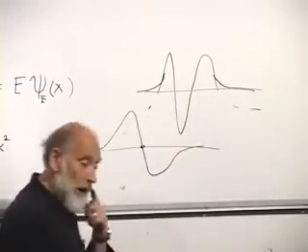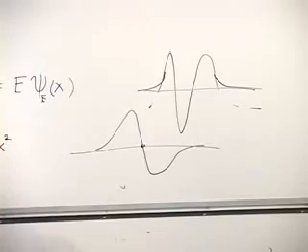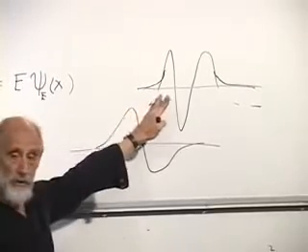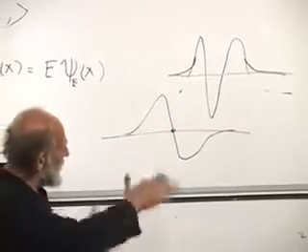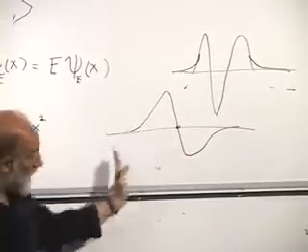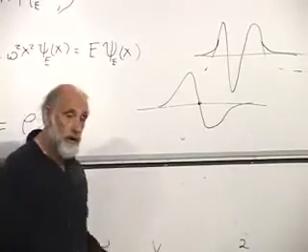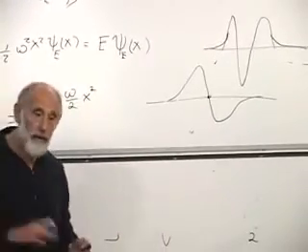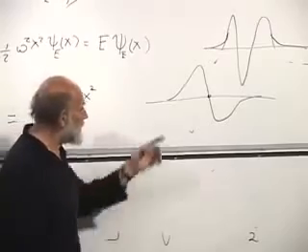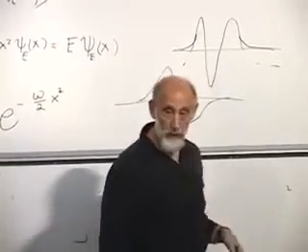Each time you raise, you add one more 0. This is an anti-symmetric wave function. Anti-symmetric means the opposite sign on the two sides. You go back and forth from symmetric to anti-symmetric to symmetric to anti-symmetric, and you add one more 0.